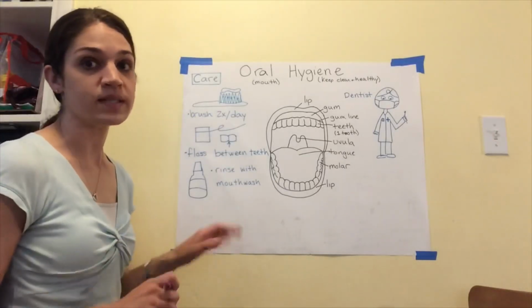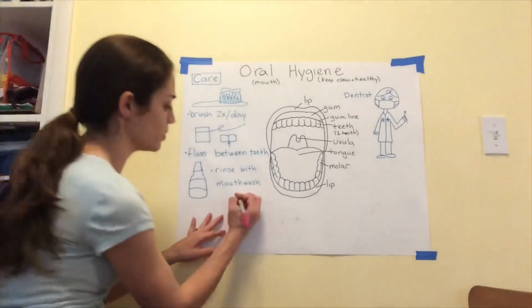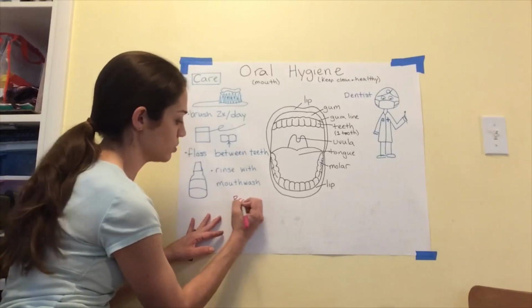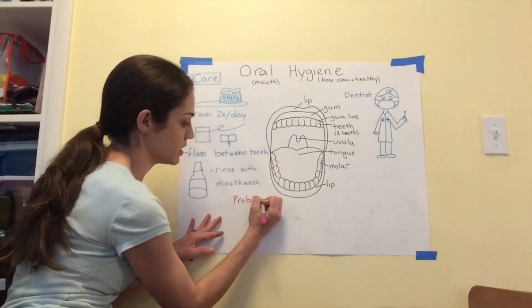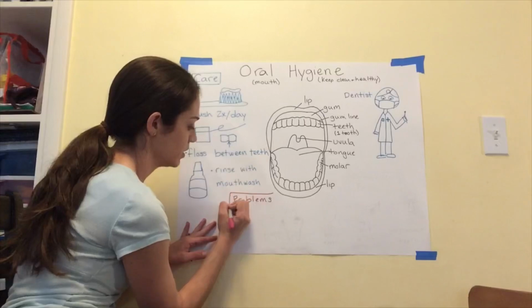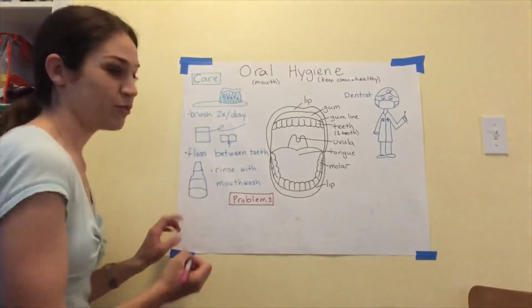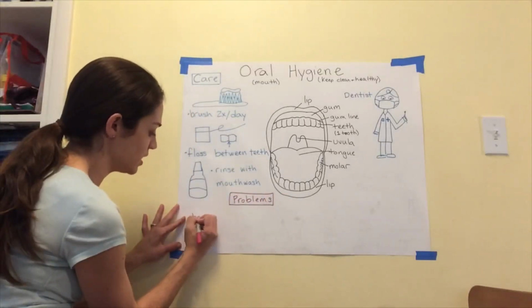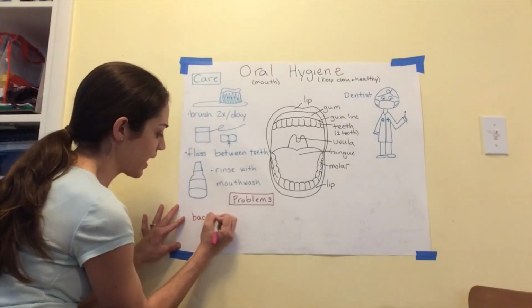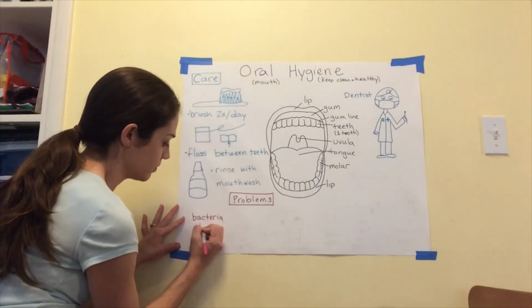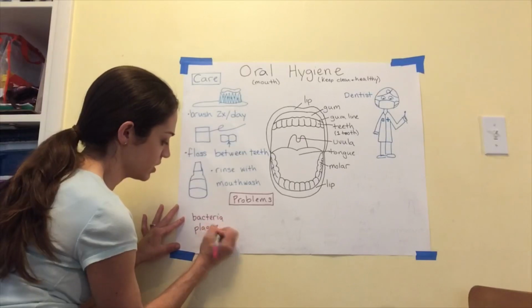All right, now I'm going to tell you about some problems we might have if we don't do these things and take care of our teeth. There can be some problems. The first thing is that bacteria and plaque can form on our teeth.